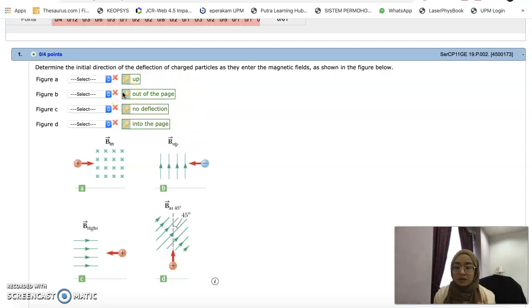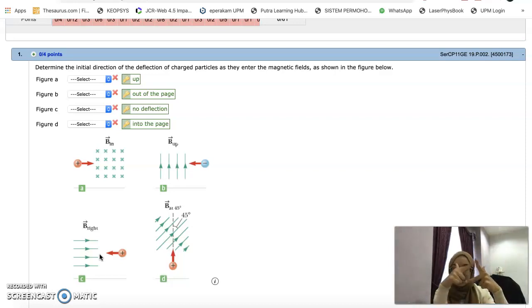Okay. So figure C. It says the answer is no deflection. Let's see. So we have a positive charged particle here, and our B is parallel to your positive charge. Remember, the right-hand rule says for magnetic force to happen, your V and B should be 90 degrees.